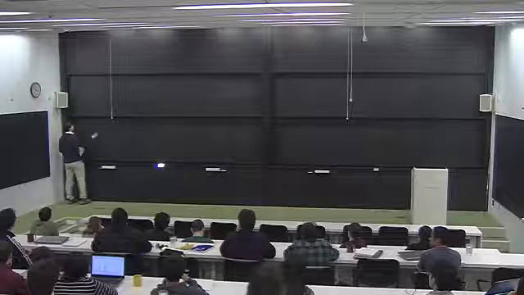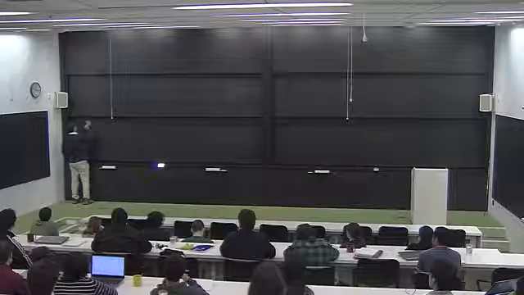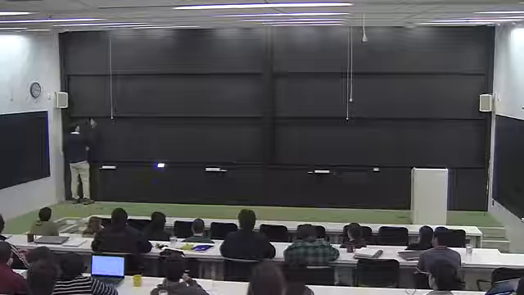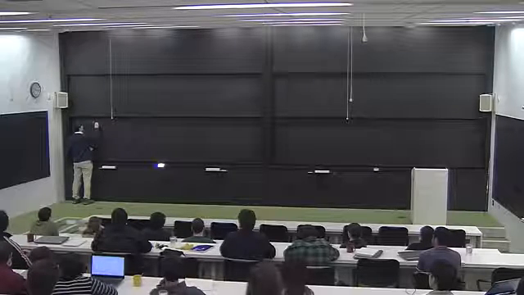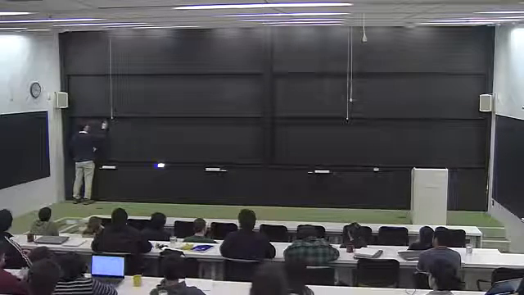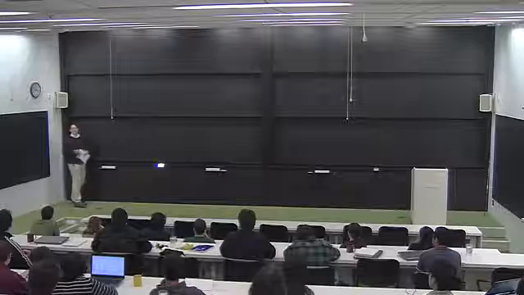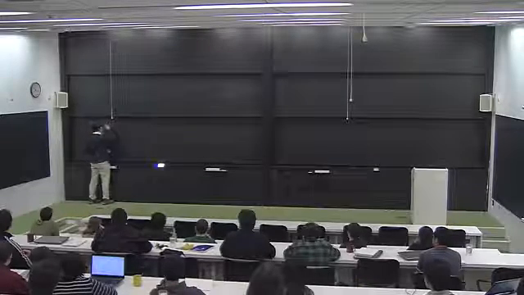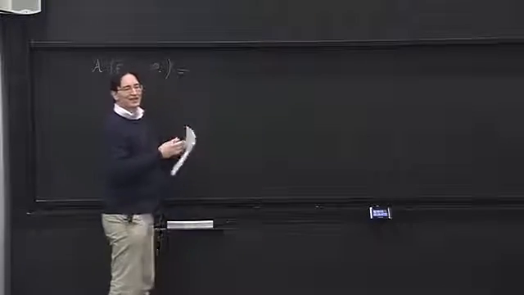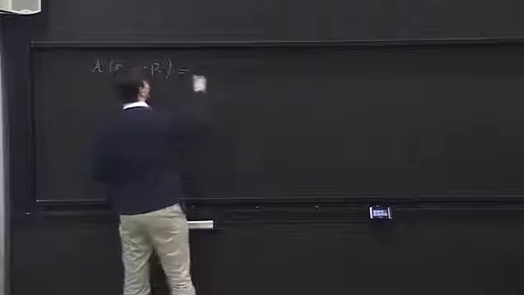Okay, so you want to compute some amplitude, something like a scattering amplitude. You have a bunch of particles coming in and going out. And you do it in perturbation theory, you do it by summing over Feynman diagrams, loop by loop.